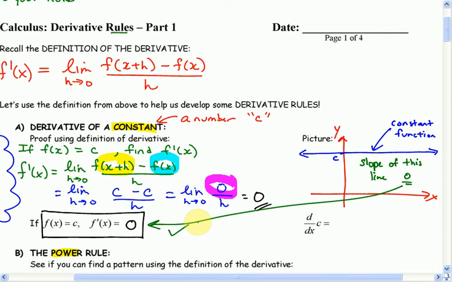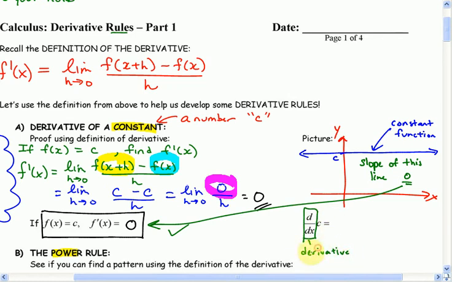Now, some of you might be thinking, Mr. Lee, what's this weird stuff here? D over dx in the C. Remember how I told you earlier that calculus was invented by two people pretty much at the same time, but in different places? Right? So they all had their own types of notation. So this is Newton's notation, the one on the left. And this is that Leibniz guy from Germany and his notation. And d dx just represents the word derivative. Okay?